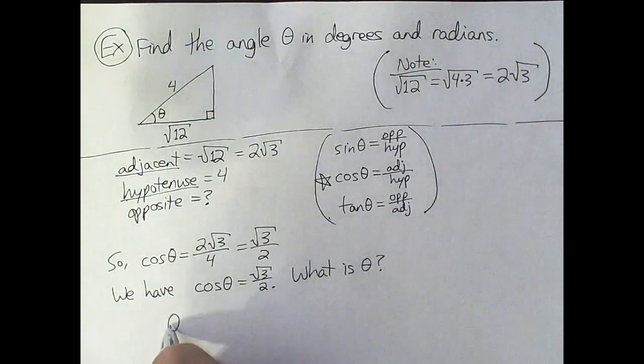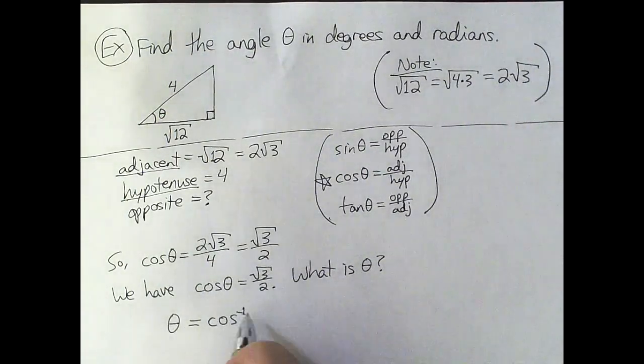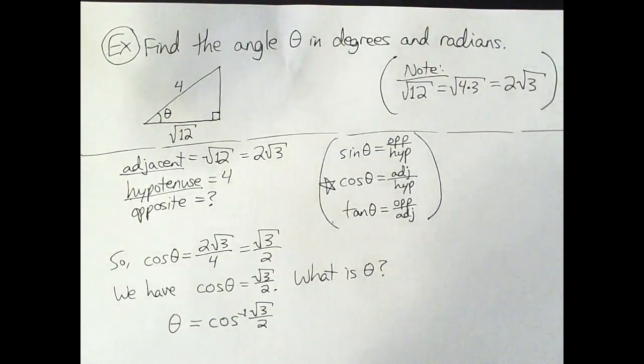Let's say theta is inverse cosine of the square root of 3 over 2. We're not finished yet. We're going to try to figure out what this is in degrees and radians. But that makes sense, right? We found cosine of theta is square root of 3 over 2. So theta must be inverse cosine of that number, root 3 over 2.